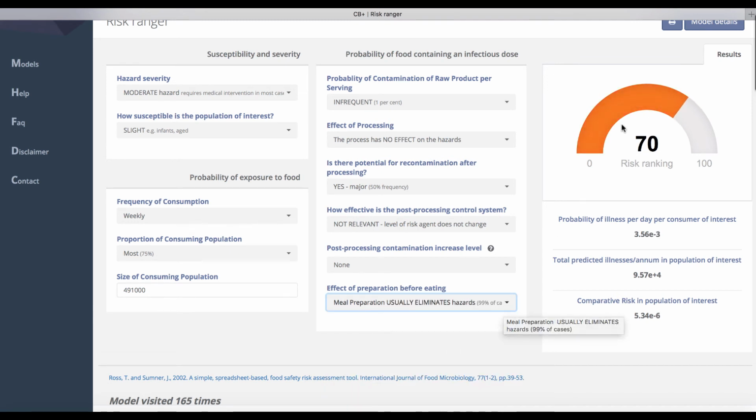The results are shown in a simple interface that includes a risk meter and estimates of the probability of daily risk per consumer and within the population of interest.